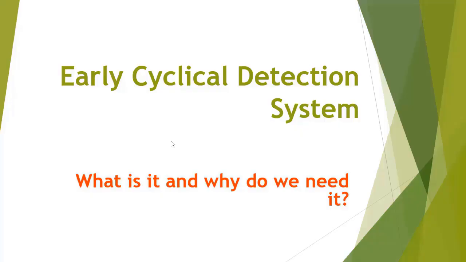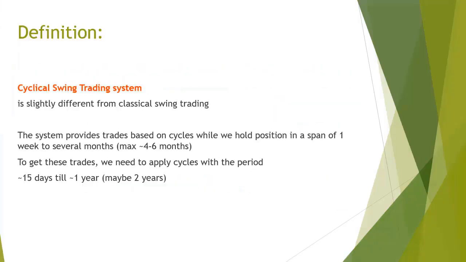I will explain how the early cyclical detection system works, what it is and why we need it. But before that, I will give one more definition. Cyclical swing trading system. You see, in technical analysis they use a swing trading system, but in Time Solution we use a little bit different definition of cyclical and swing trading system.